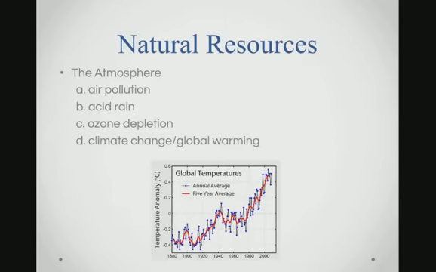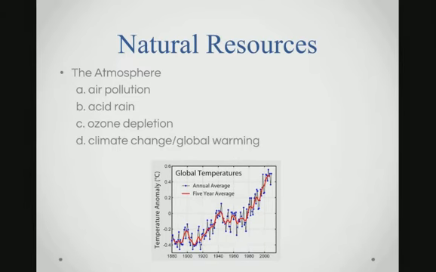Another impact that we're having on our atmospheric natural resource is climate change and global warming. That is caused by the greenhouse gases that are put into the air because of the use of fossil fuels and other things that we use every day, and that's causing a rapid rise in global temperatures around our planet.